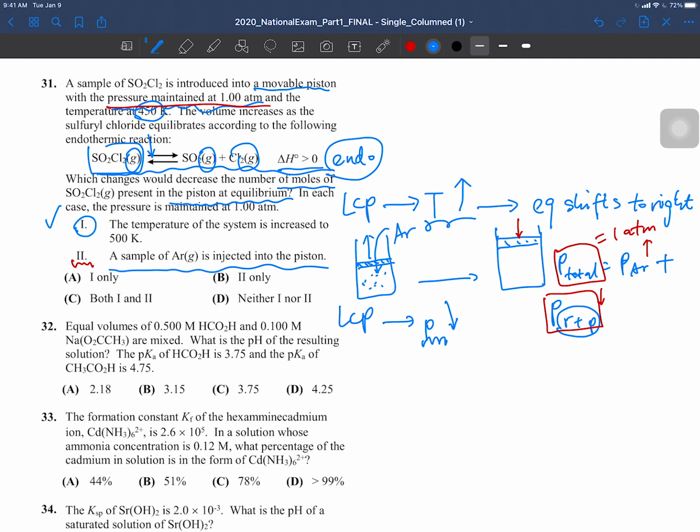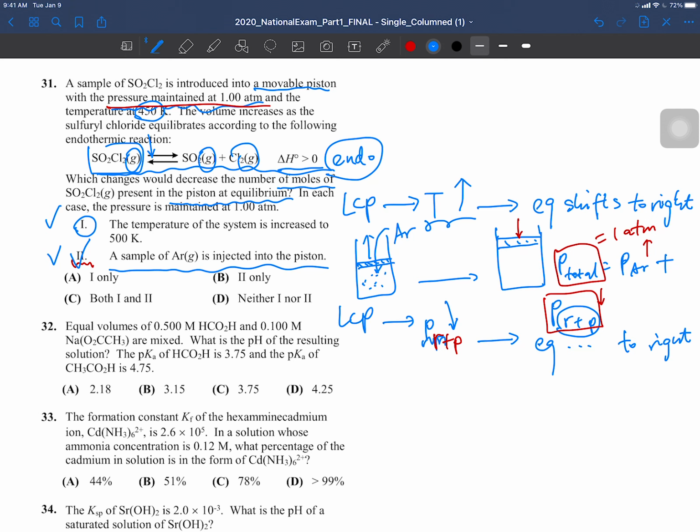If the pressure is decreased, how does the equilibrium shift? Exactly, right? It will shift to the right side with more moles of gases. So equilibrium shifts to the right side, which means the second statement is also correct.